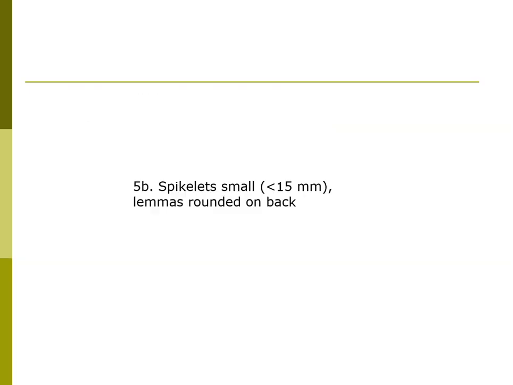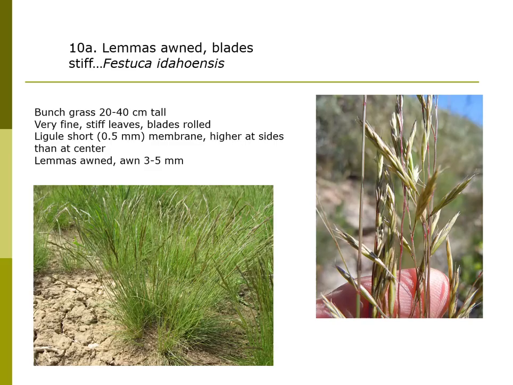Okay, so now we're going into that same group, but we're going to look at those with small spikelets. The spikelets are less than 15 millimeters, and the lemmas are rounded on the back. So in that group, if the lemmas are awned and the blades are quite narrow and stiff, then you're probably looking at Idaho fescue.